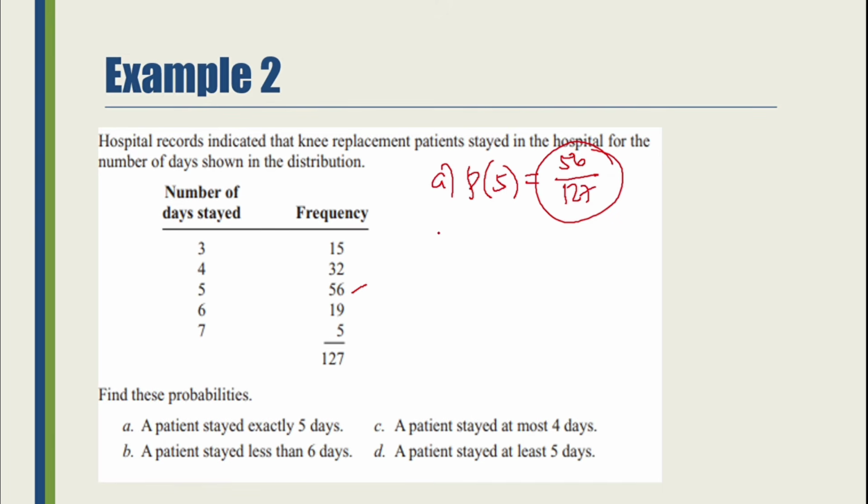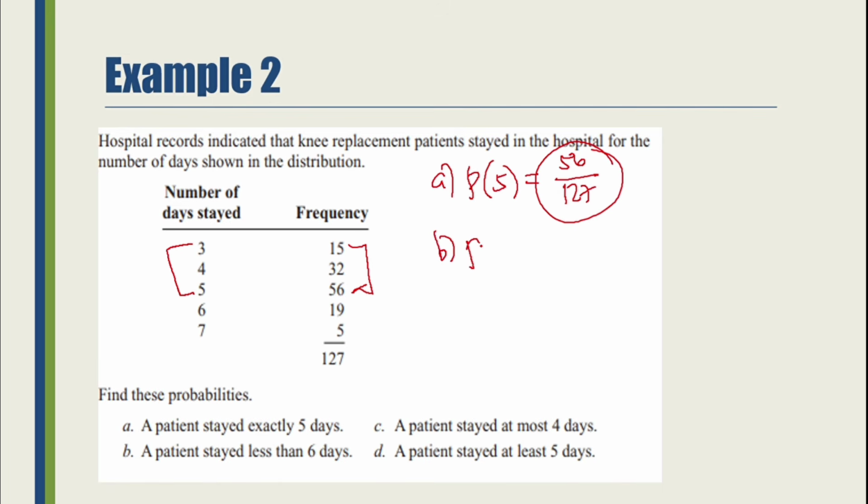The next question, letter B, is a patient stayed less than 6 days. So we're going to add the frequencies over the sample space, which is 127.